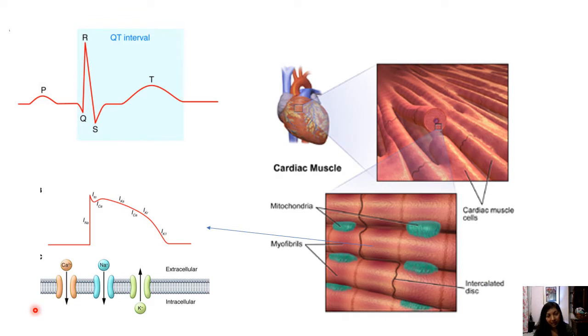So just to recap, this is the heart, and the heart consists of cardiomyocytes. If you get really close into those cardiomyocytes, you can see the individual cardiac muscle cells.